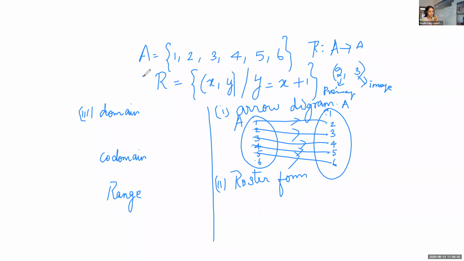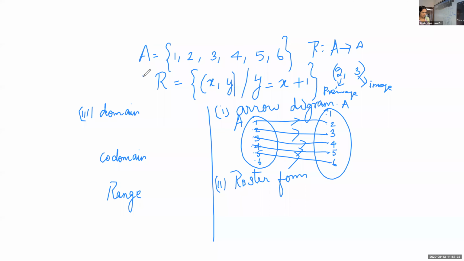Image and pre-image. So image of 2 is 3. Pre-image of 3 is 2. Likewise, if we take 4, Krishna Chandran, image of 4 is 5. Sri Hari, pre-image of 6?